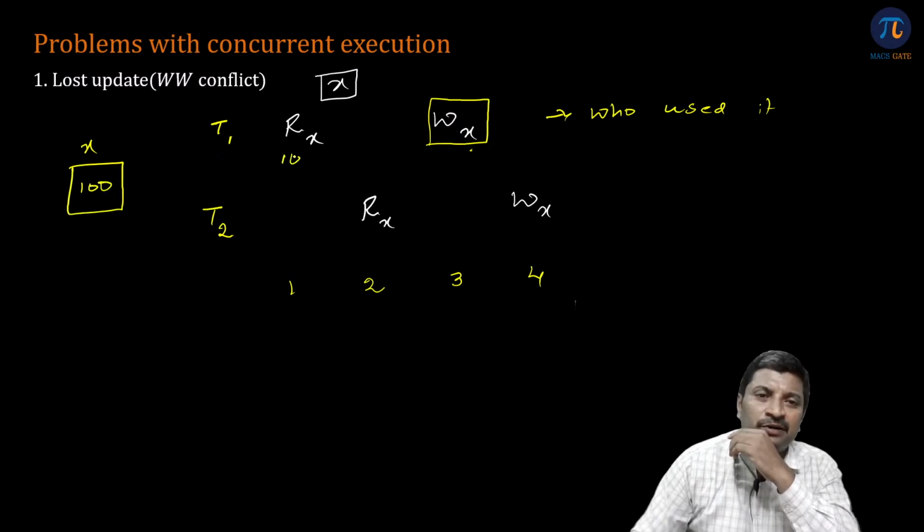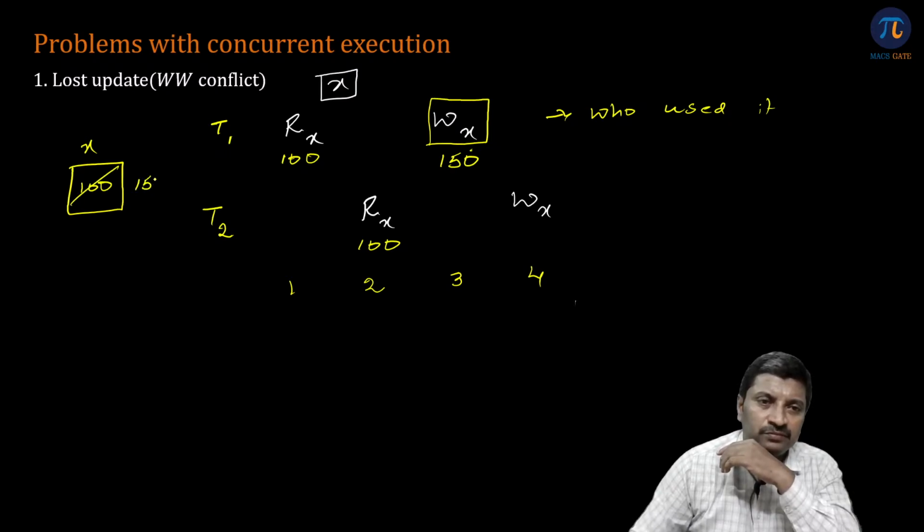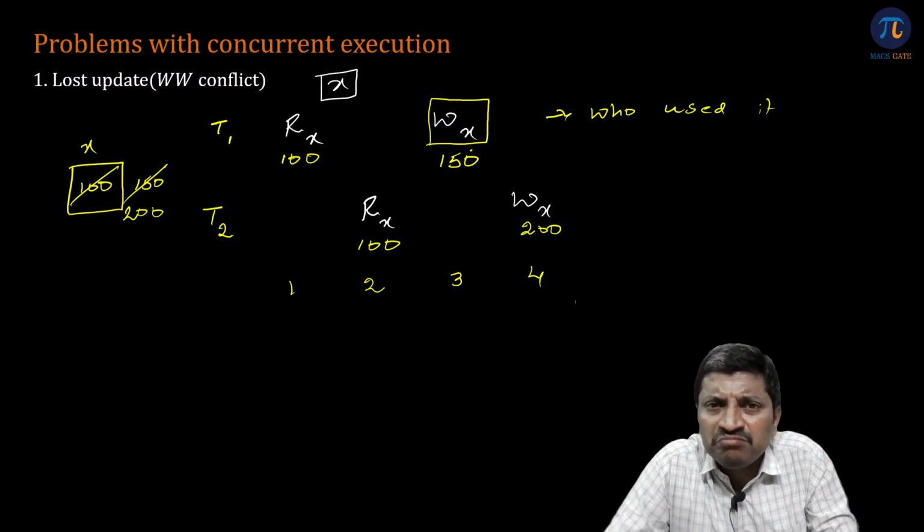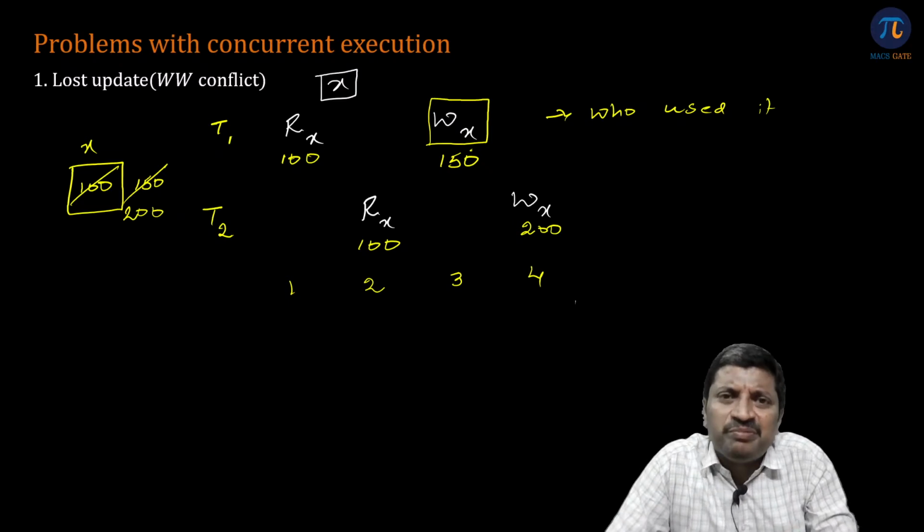T1 reads 100. T2 also reads 100. Now let us assume T1 wants to modify it as 150. It modifies to 150. Then immediately T2 comes and let us suppose it modifies to 200. Now the question is, who used 150? No one, right? Then what is the use of updating it?